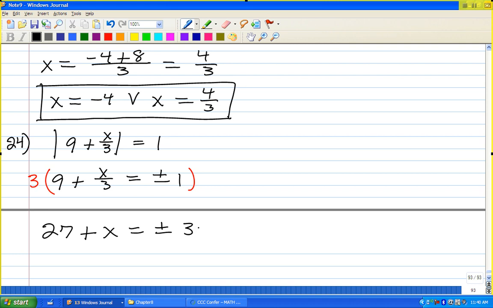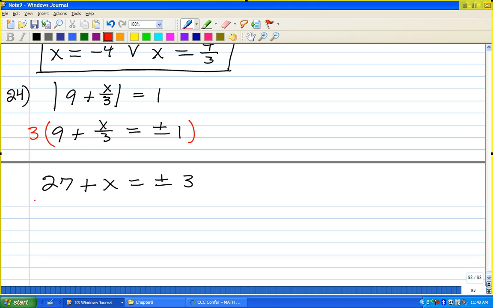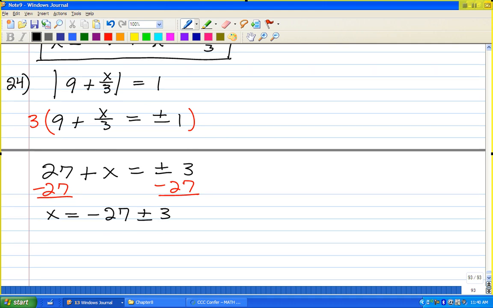So let me subtract 27 from both sides of my equation in order to solve for x. So x is equal to negative 27 plus or minus 3. So x is equal to negative 27 minus 3, negative 30. Negative 27 plus 3, negative 24.